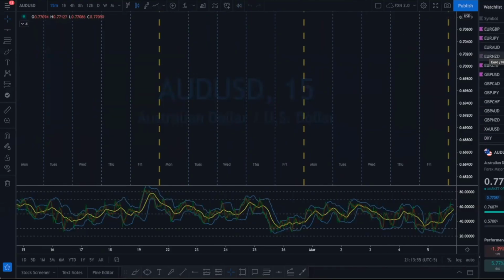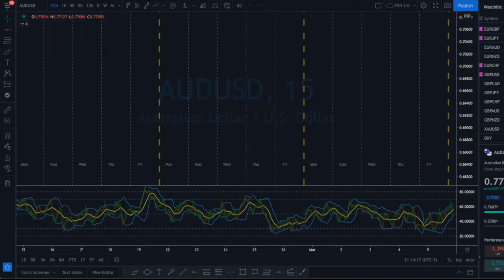What's the pair we haven't done that somebody actually trades? You looking for another pair?